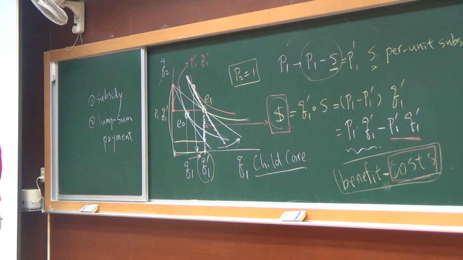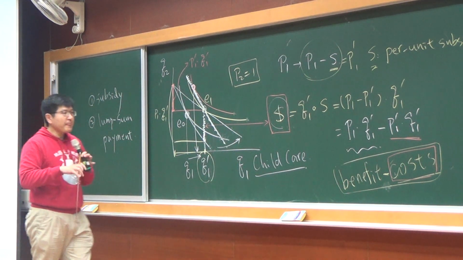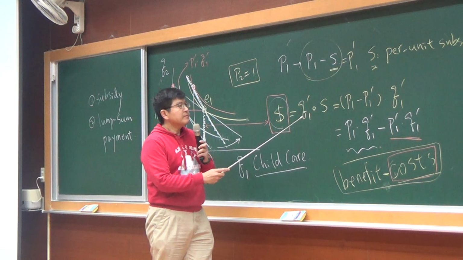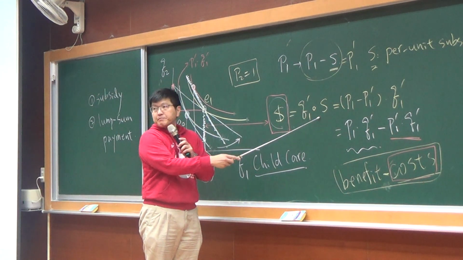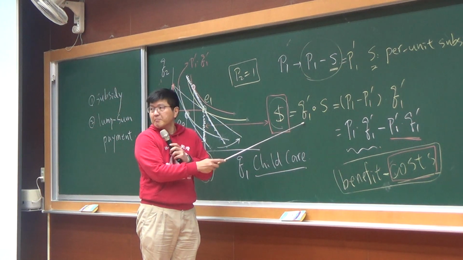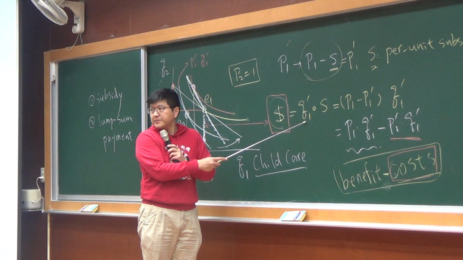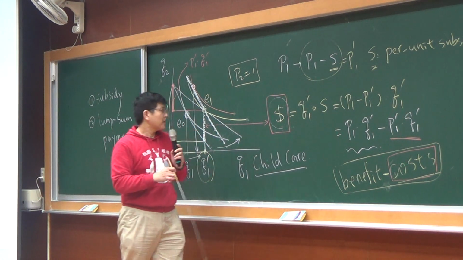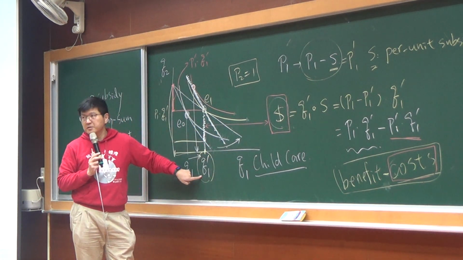Could you explain again why the cost of the rotated subsidy is that segment? Okay, this is the per unit subsidy, right? And this would be the amount the government has to pay according to this one. So after the policy, the consumer chooses this amount to consume.